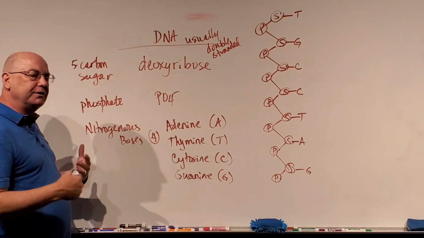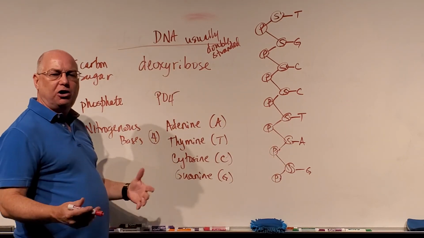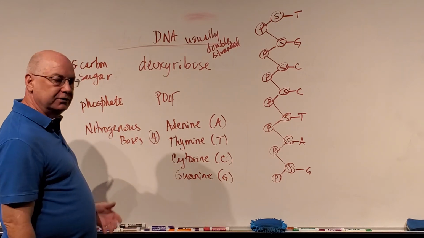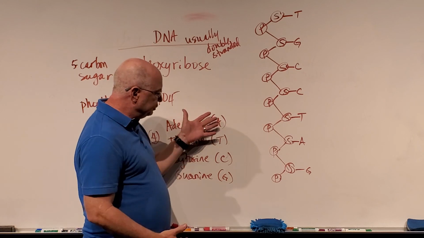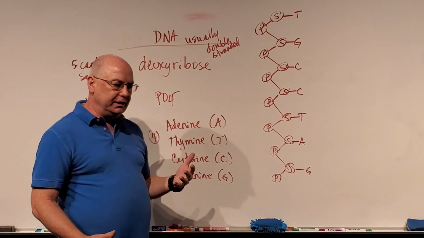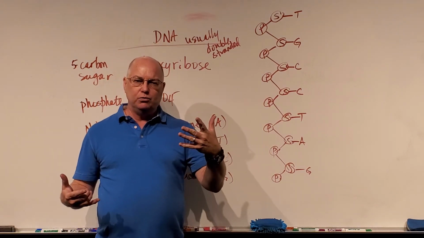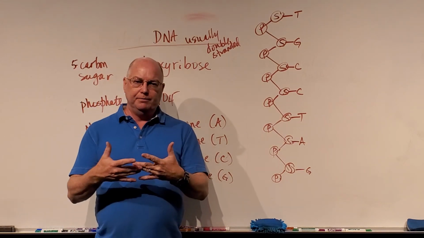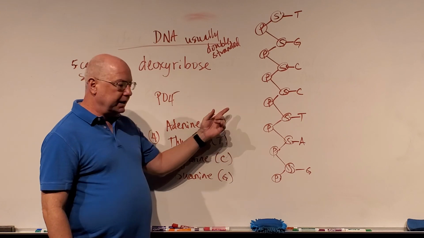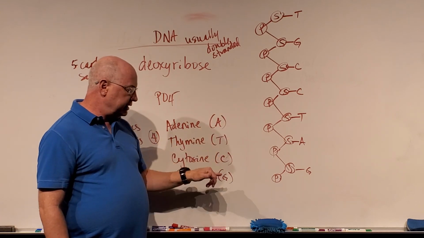Now there's a thing called the base pairing rule. Erwin Chargaff is a scientist that figured this out and called it the base pairing rule. And what he realized is that the physical structure of adenine, thymine, guanine, and cytosine are such that adenine will bind to another base, but it will only bind to thymine. Adenine will not bind to another adenine, it will not bind to cytosine or guanine.